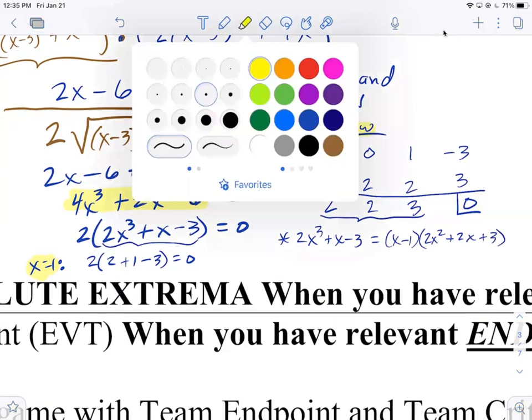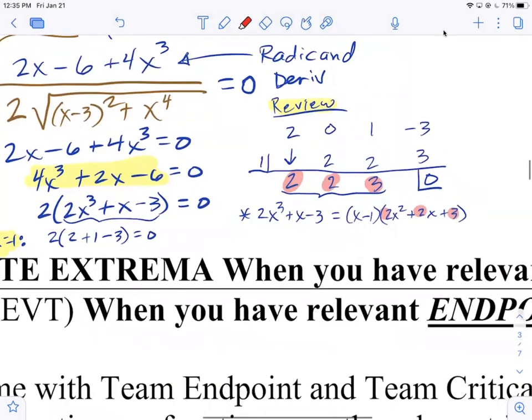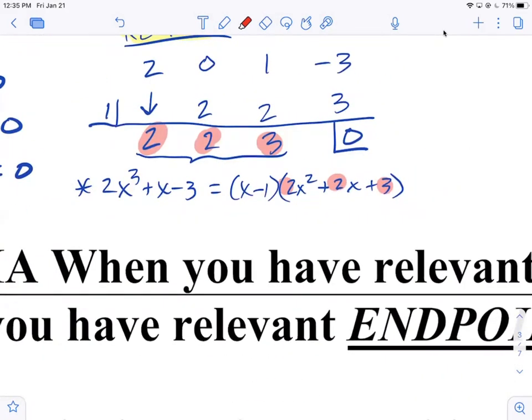Okay. So again, this is just extra stuff. You're not going to have to do this. Now, if I can factor 2x squared plus 2x plus 3, and there happens to be another root of that between 0 and 3, I want to find it. But it doesn't factor. And if you use the quadratic formula, remember the quadratic formula?